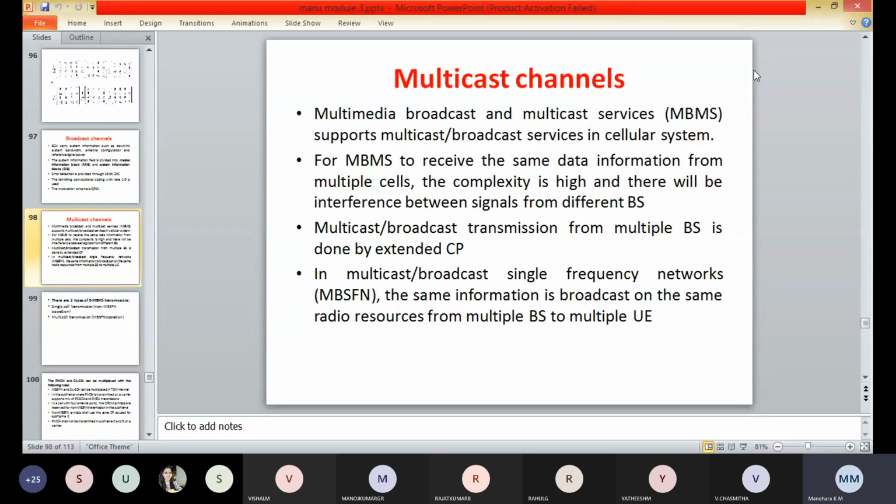So here eMBMS transmission in LTE occurs on the MCH transport channel along with 7.5 kilohertz subcarrier spacing and the extended CP.